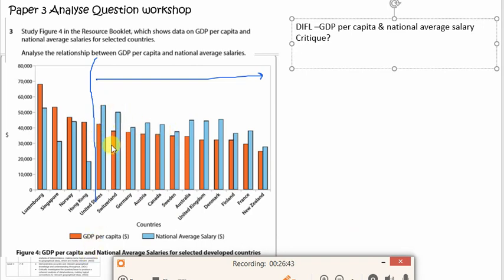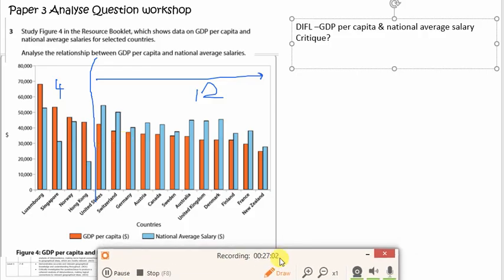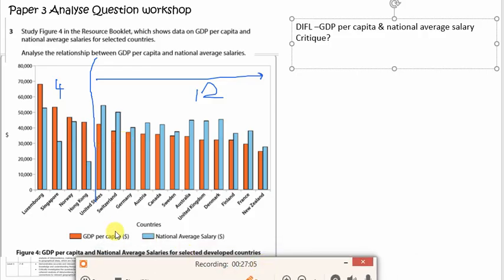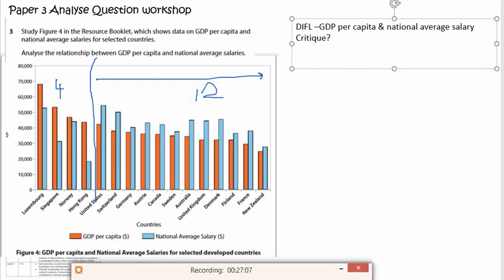I could do a tally. Just count them up. 1, 2, 3, 4, 5, 6, 7, 8, 12. Right. This side of the line, it's the opposite. You've got 1, 2, 3, 4 countries that have got higher GDP per capita than average salary.